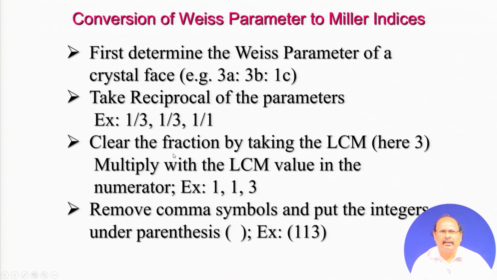So, you have 3 by 3 is 1, 3 by 3 is 1 and 3 by 1 is 3. You remove the commas and put 1, 1 and 3 under brackets. When you put them under brackets, we call this the Miller index symbol, and this is the symbol of a crystal phase.